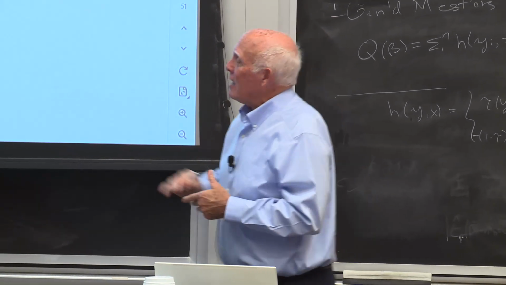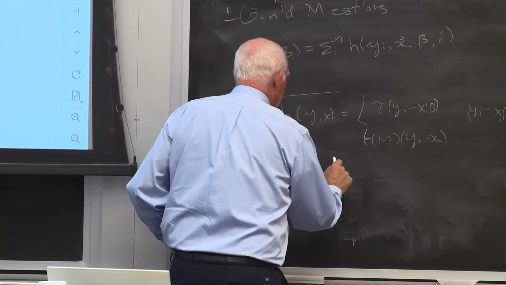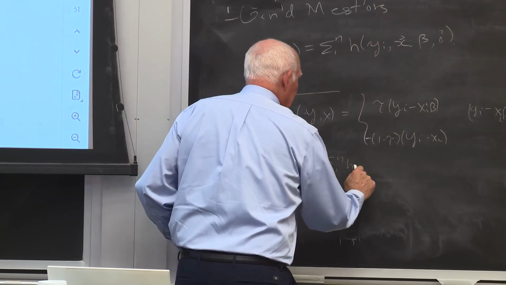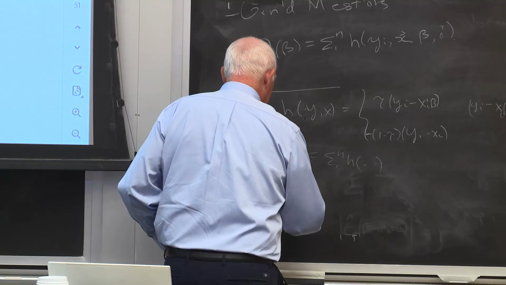If we take this q function with this h, q equal to the sum from 1 to n of h of the arguments, we can't minimize it by solving the first order equations.